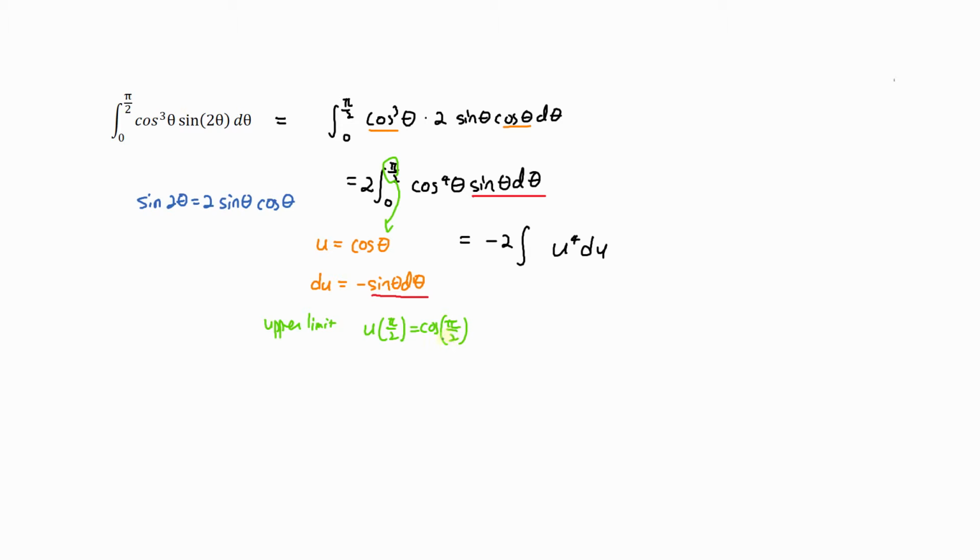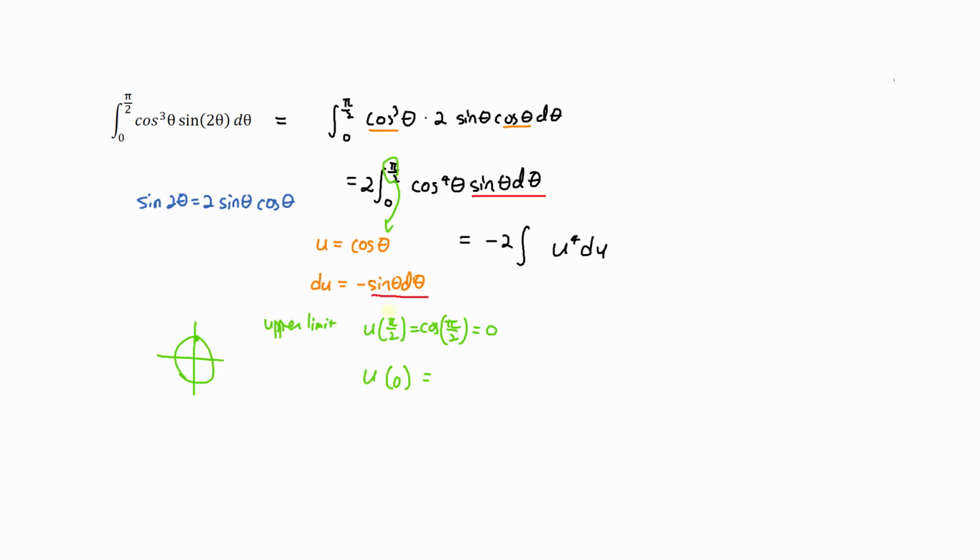Cosine pi over 2, using a unit circle, I know it's at the very top here. Cosine deals with exclusively the x direction in the unit circle, therefore it's 0. What about the lower limit? So this is the upper, and here is the lower limit for 0.